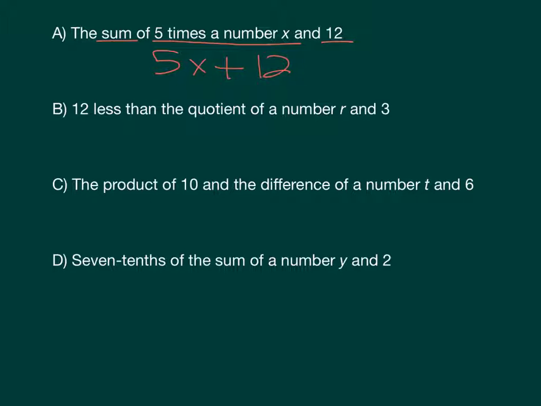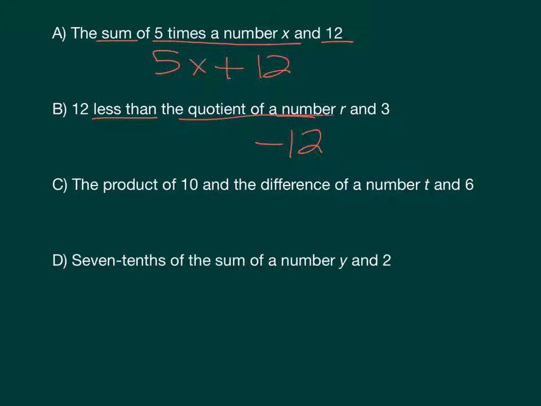Now the next problem here, we have 12 less than the quotient of a number r and 3. So this one's a little tricky. Whenever we have less than or more than, that's actually going to come at the end, because whatever we're starting with, if it says less than, we're going to take 12 away from that. So I'm going to start by writing minus 12. Now the next part is the quotient of a number r and 3.